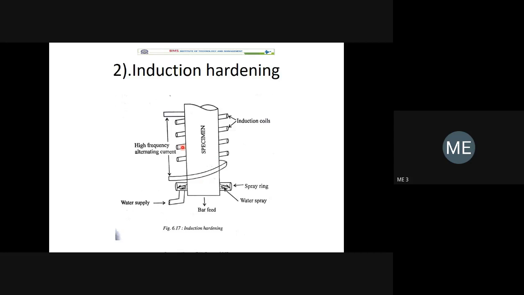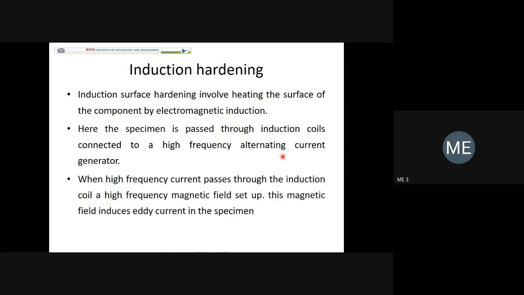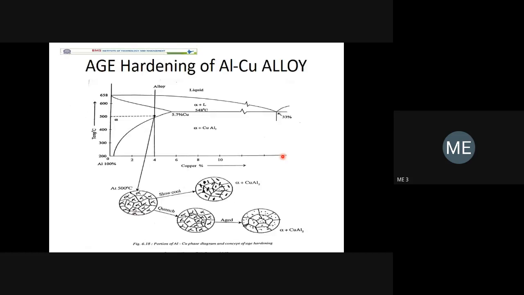It is followed by a cooling process. Now we can see there is a water spray. Because of the water spray, it is cooled, hence it gets hardened. That is referred to as induction hardening.